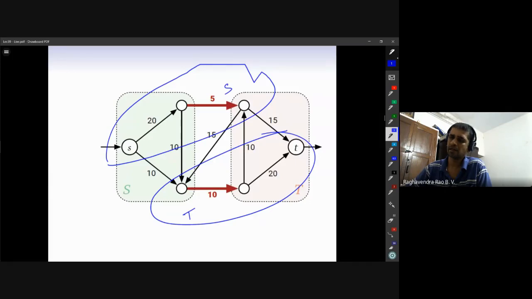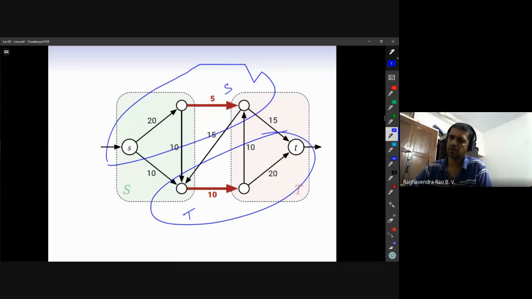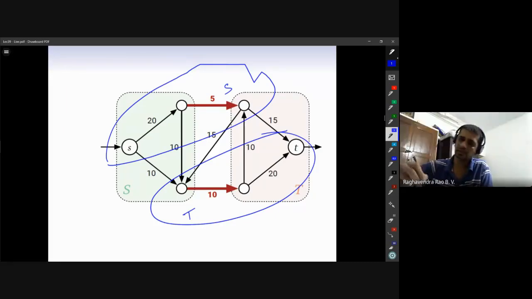What are the edges that are relevant? Is it 35? It's 50, I think. See, these four edges: this edge, this edge, this edge, and this edge. So the weight of the cut will be 50.